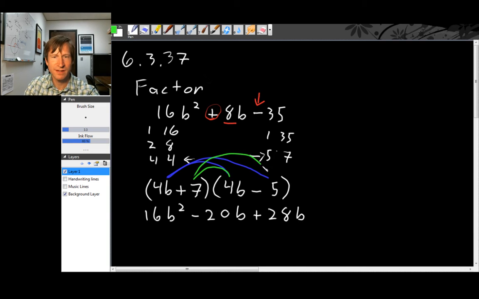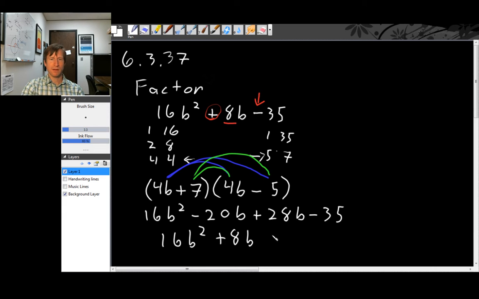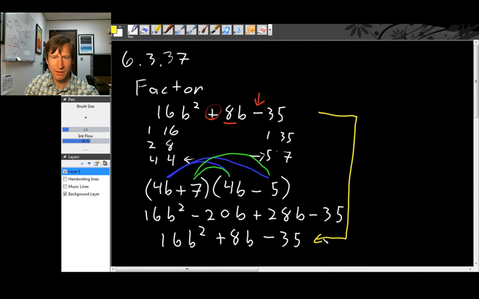And 7 times 5 is negative 35. All right. Now we need to simplify this. Those two terms in the middle, you can combine them as usual. 16b squared plus 8b minus 35. And of course, this is the same as what we started with.